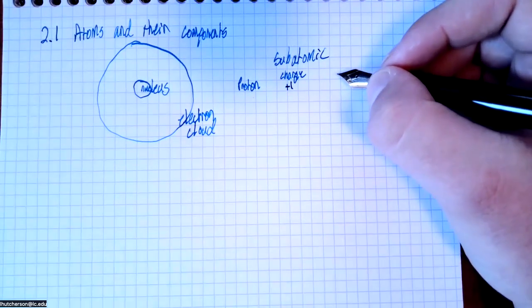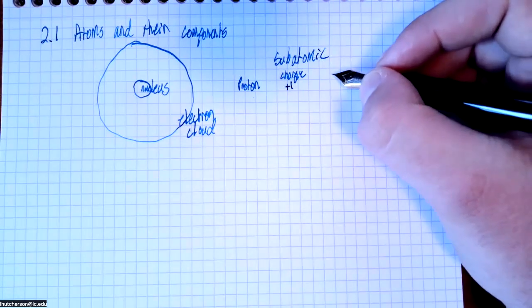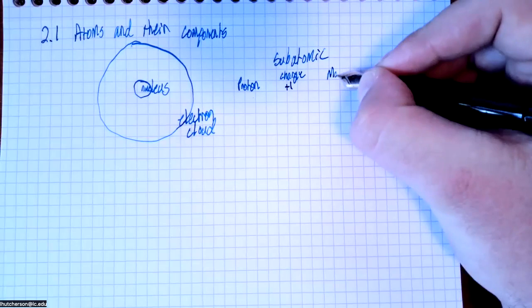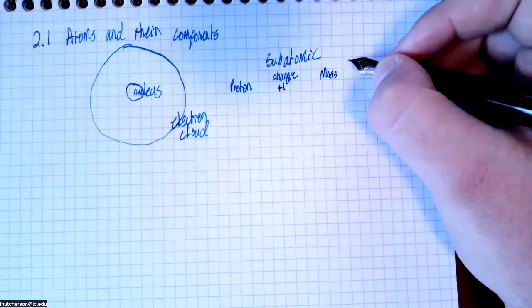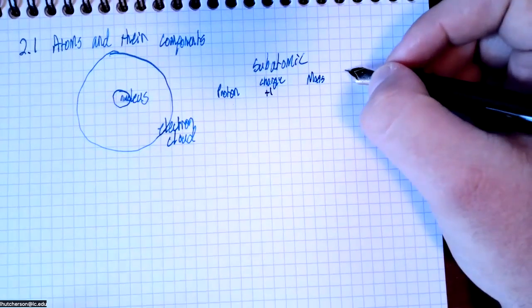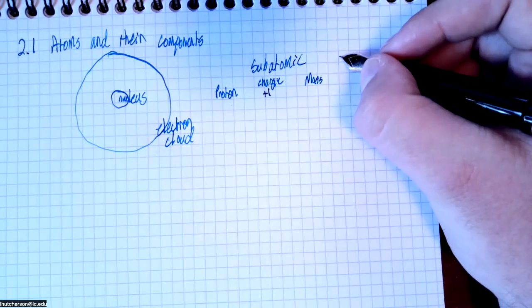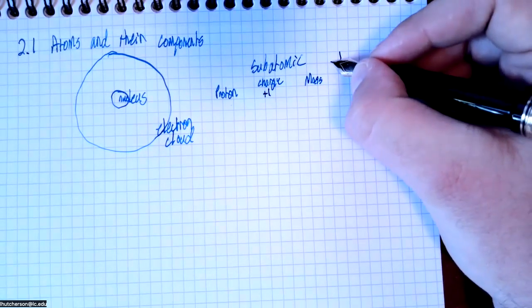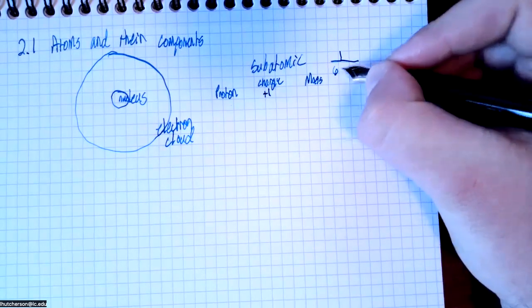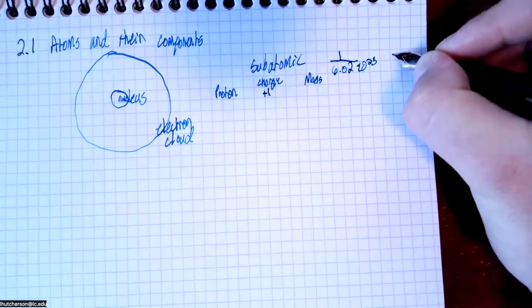Now, subatomic particles are matter, so they do have mass. The mass of a proton, of course, is tiny. The mass of an individual atom is tiny. If we wanted to give this mass in grams, it would be about 1/6.02 times 10 to the 23rd grams.